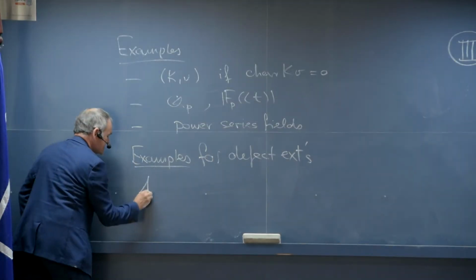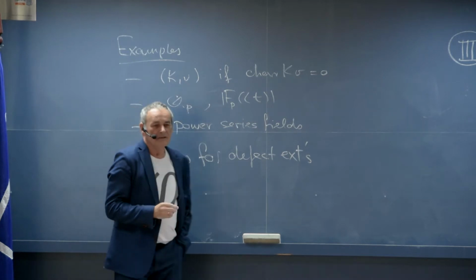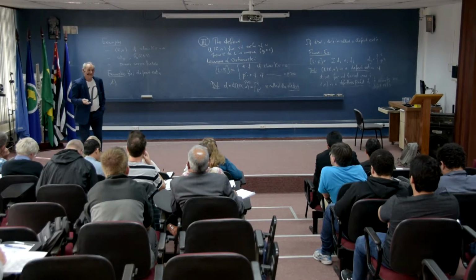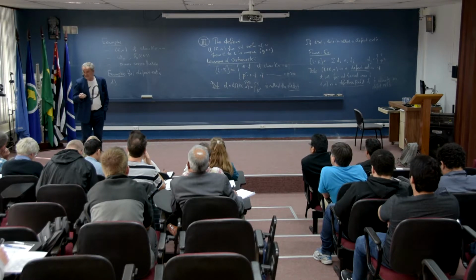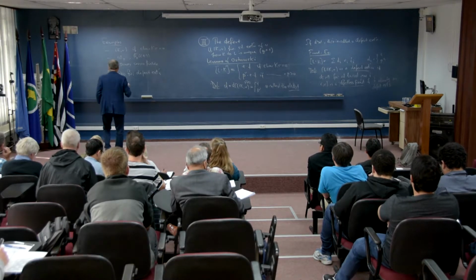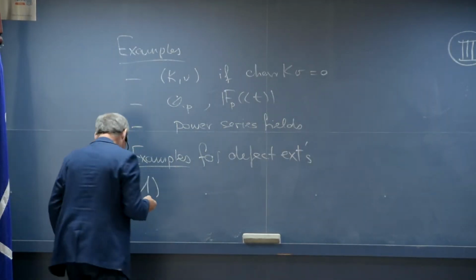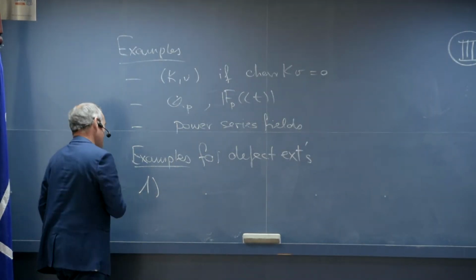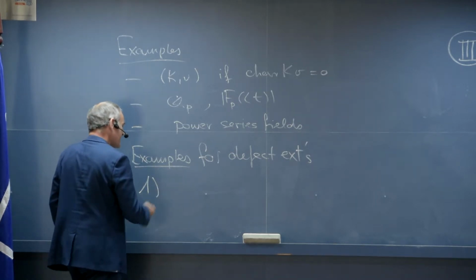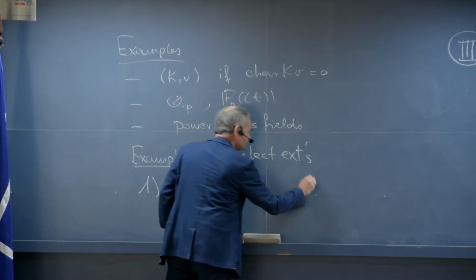Okay, first example. And this example is said to be due to F. K. Schmidt, which might be the same Schmidt as in Kohl-Remark-Schmidt, we don't exactly know. Otto Schmidt, okay, so not the same guy. So we have already seen F_p((t)).